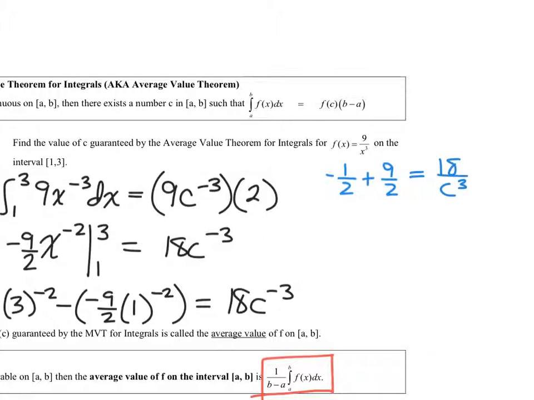So we're looking at 8/2, which is 4. And a little diagonal swappage. C cubed is equal to 18/4, which is 9/2. And so c would have to be equal to the cube root of that.